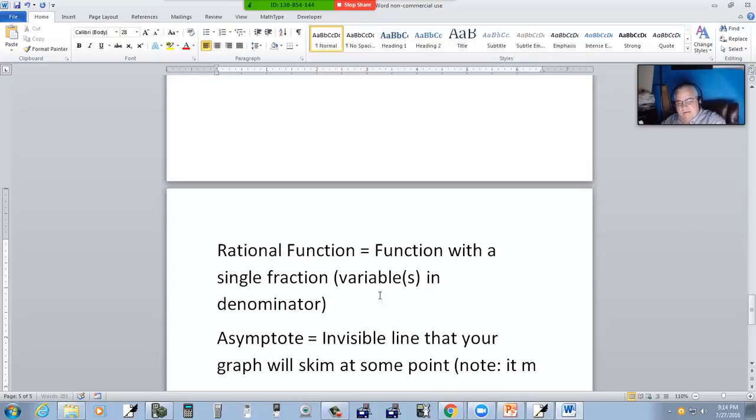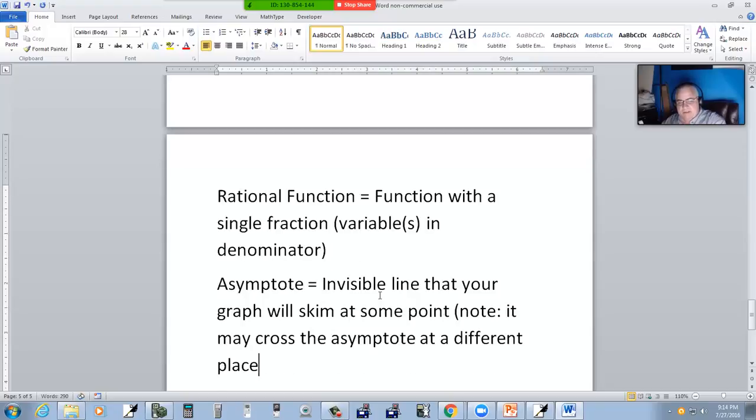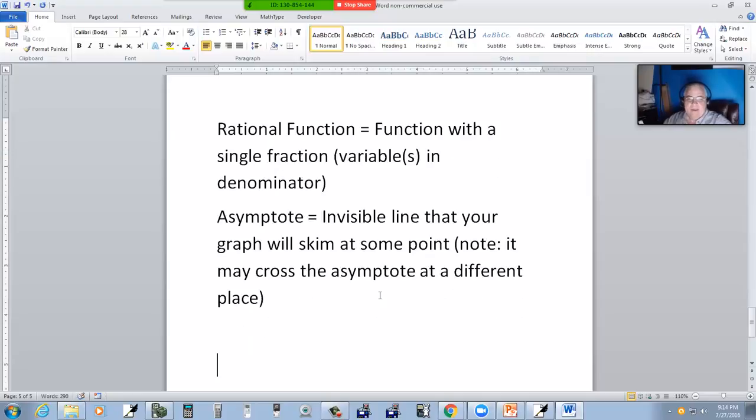Note, it may cross the asymptote at a different place. When I say different, I'm talking about where it's not skimming. Now, that's only true of certain asymptotes. Like a vertical asymptote, for example, it can never cross it. But a horizontal asymptote, you'll find that there'll be problems where it'll cross it. So invisible line, your graph will skim.